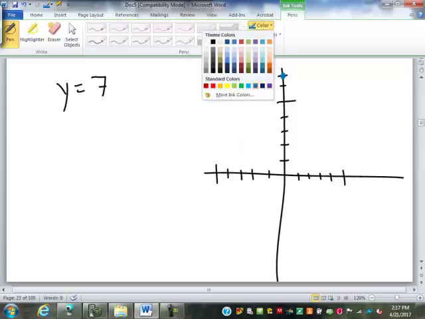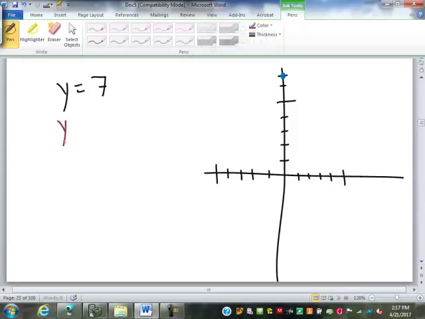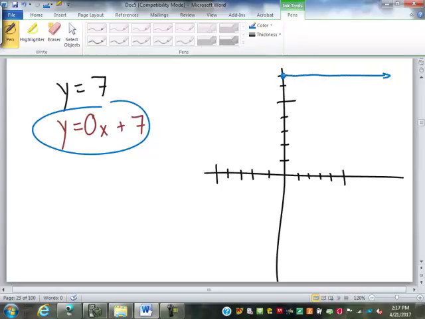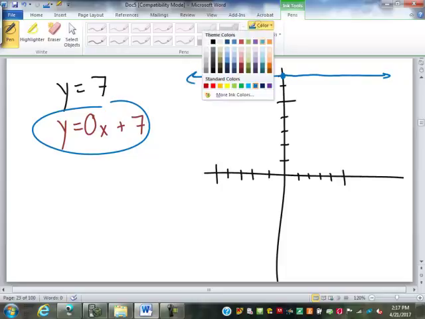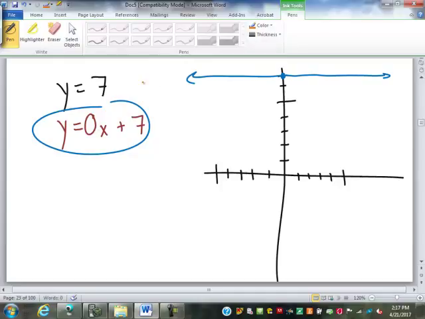I can think of this like this: y equals 0 times x plus 7, because 0 times x is 0, right? So that's telling me the y-intercept is 7 and the slope is 0. So I don't ever go up, I just go over. So I get a flat line like that. And on the graph, a flat line will have a slope of 0.